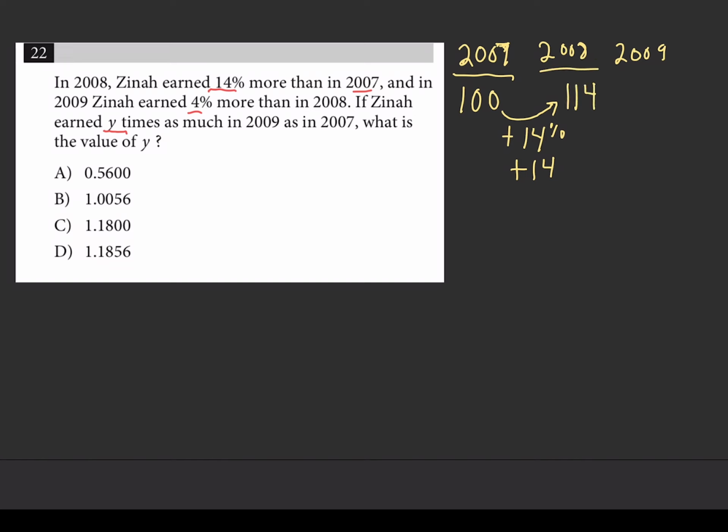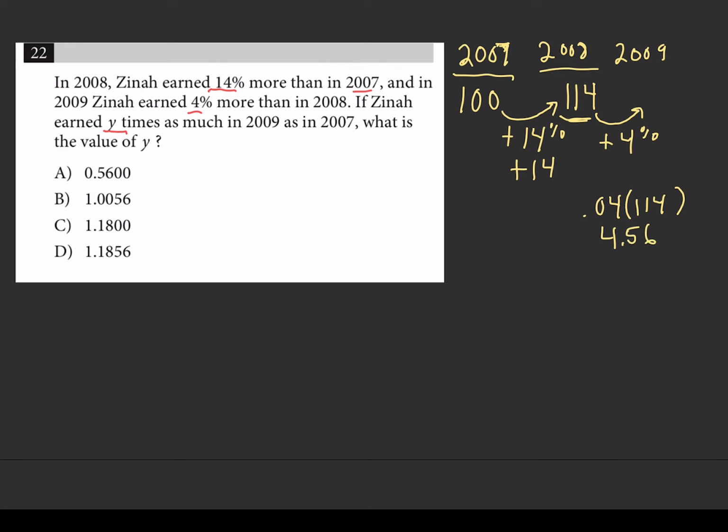Now it says from 2008 to 2009, this is a 4% gain. So plus 4%. So of course, 0.04 times, I'm sitting at 114. When I do that, that comes out to be 4.56 on my calculator.